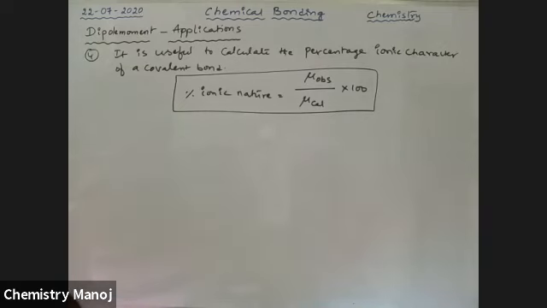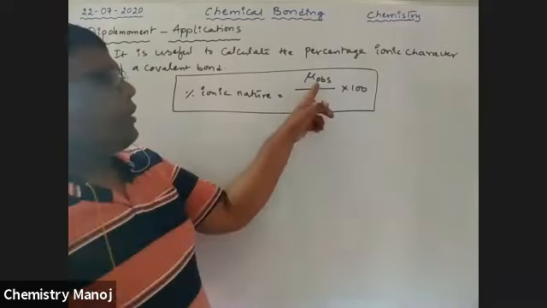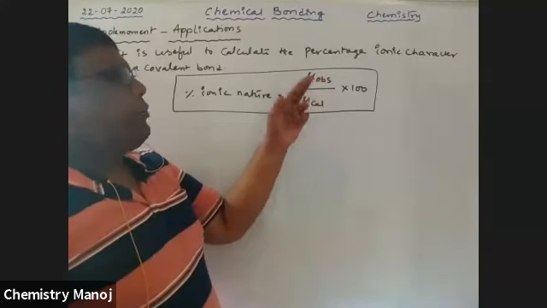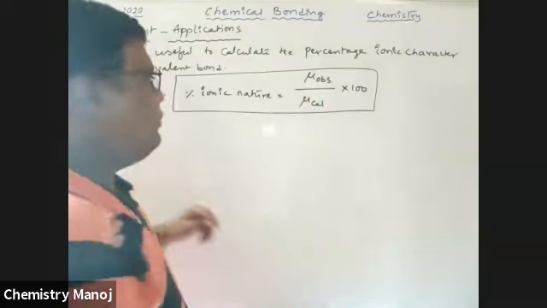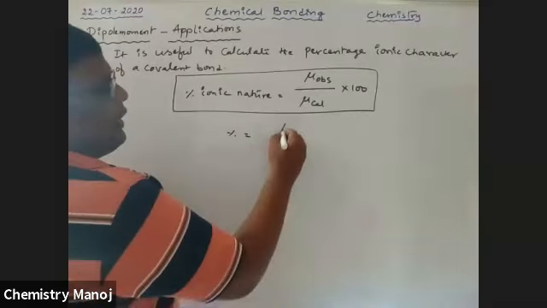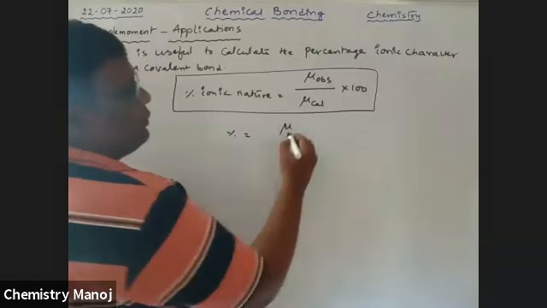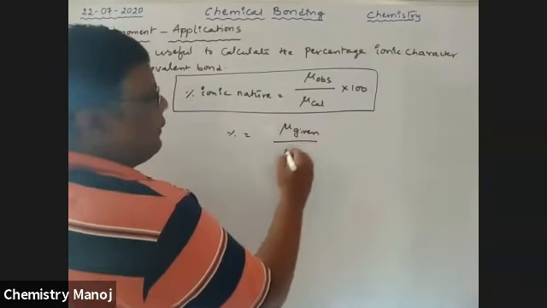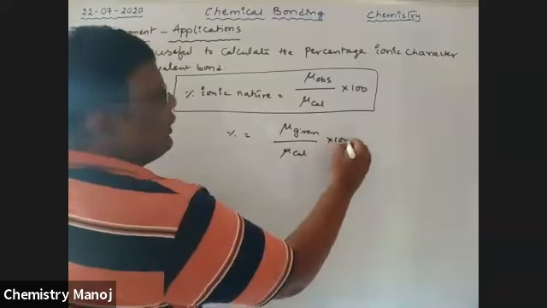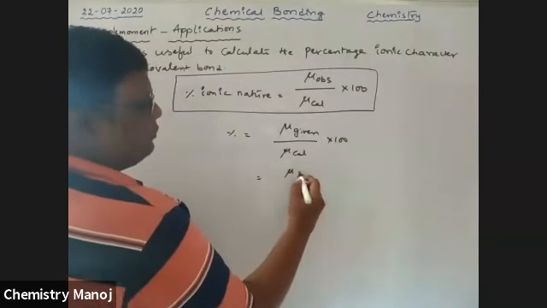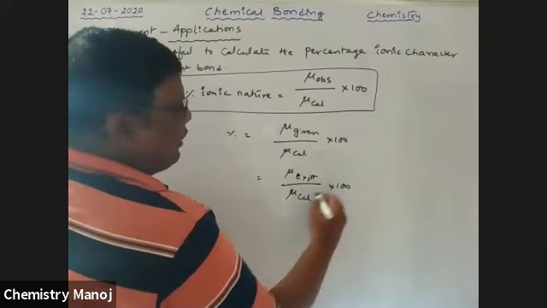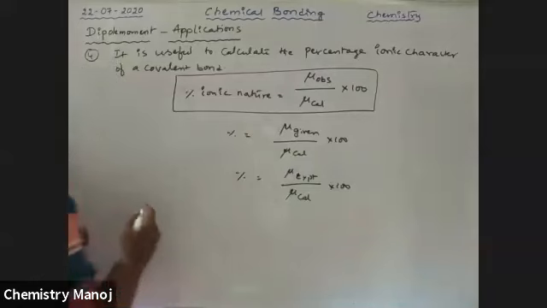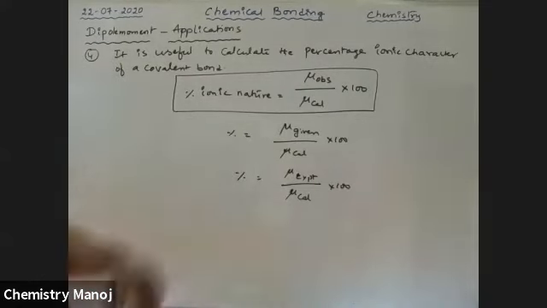Percentage ionic character of the covalent bond is equal to observed mu value, that is experimental mu value, by mu calculated based on our calculations, into 100. Whatever the form, that is the formula used to calculate percentage ionic nature of the chemical bond.